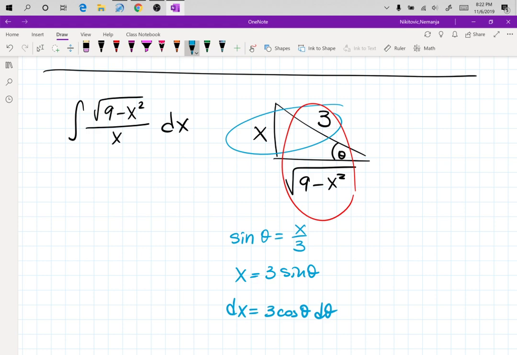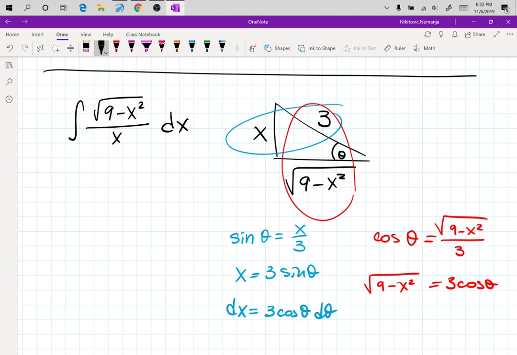The red pair is cosine theta, which is square root of 9 minus x squared divided by 3. We solve for the square root because that's what we have to swap: 3 cosine theta.